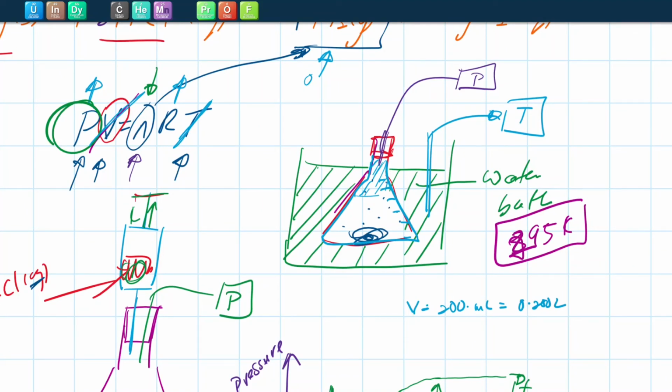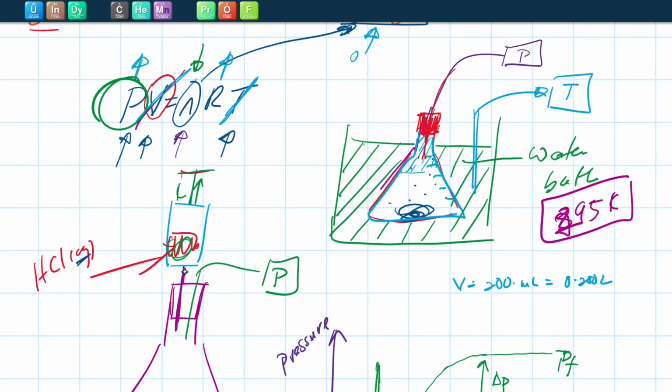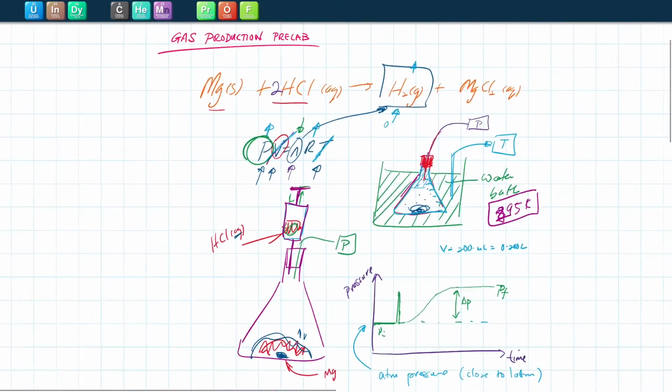Also, I want to point out that this whole setup only works if no gas escapes. So you have to make sure everything here is nice and sealed. The cork is tightly sealed. The pressure probe, when it goes in, doesn't cause any air leakage. And the syringe that you're going to use to inject the hydrochloric acid doesn't cause any air to leak either.